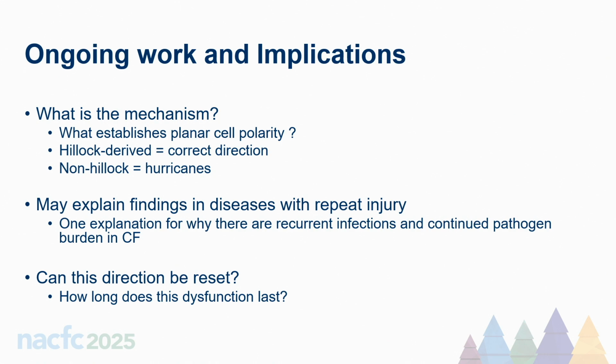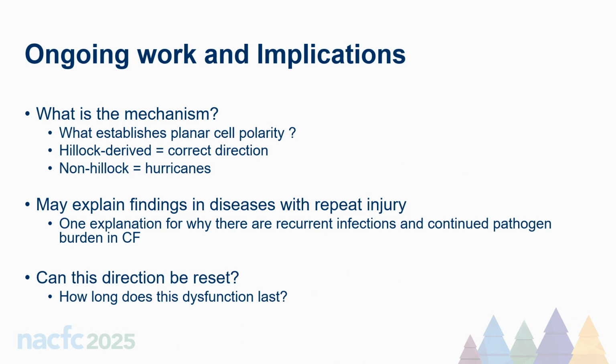An important implication of this is that we may be able to explain why we see recurrent diseases when we have repeat injury. For instance, people with bronchiectasis. Another example, right? People with CF have recurrent infections and even still have bacterial burden despite highly effective modulator treatment. And so could this be a reason why we still have those bacteria around?